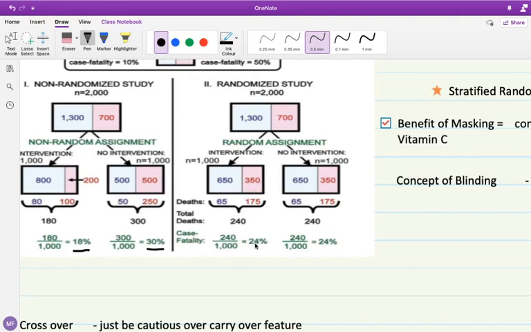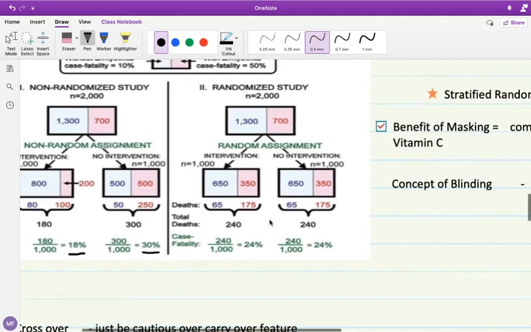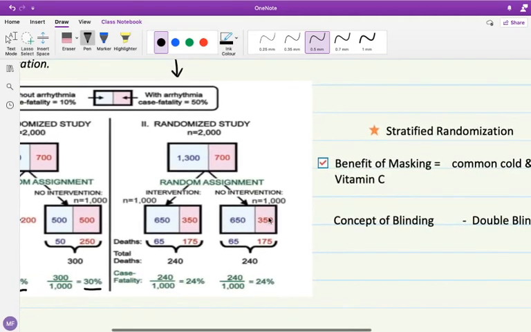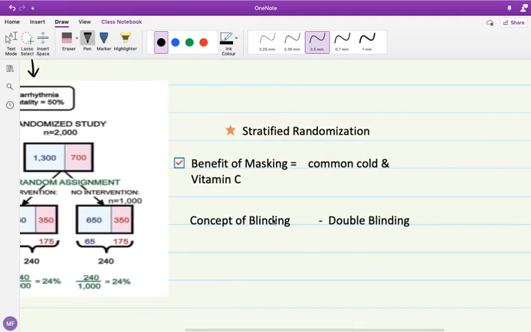Now the case fatality is equally distributed in both arrhythmic and non-arrhythmic patients. So this is how a random assignment could significantly alter the results and our understanding. That's how we understand the importance of randomization.